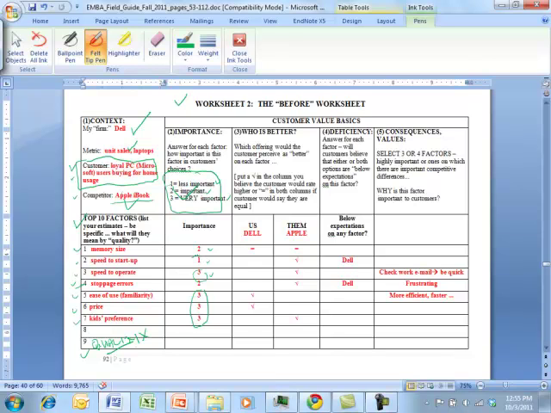Speed to startup is less important because we don't start it up all the time. It's usually on constantly, and so forth. So I'm going to speculate as to here's what I believe these customers are likely to believe about importance, and I'm going to be influenced in this to some degree by my own preferences.